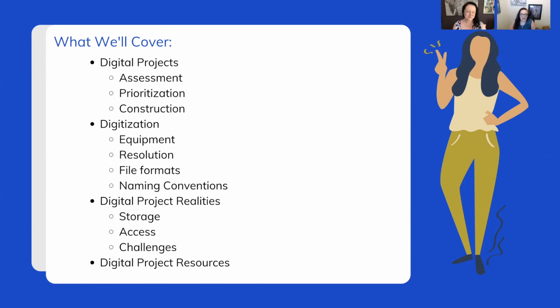And I will be talking about the more micro: what equipment, resolution, file formats, and naming conventions once you are ready to start digitizing. And then we're both going to tag team and tackle the digital project realities. Part of that is thinking about storage needs, access, and then, of course, the challenges that usually arise when we work with digital projects. We're going to offer some solutions and advice around those for you to implement back at your home base. And then, of course, at the end, share resources.